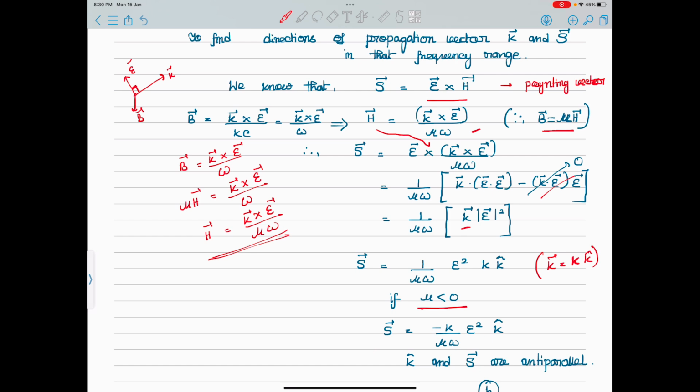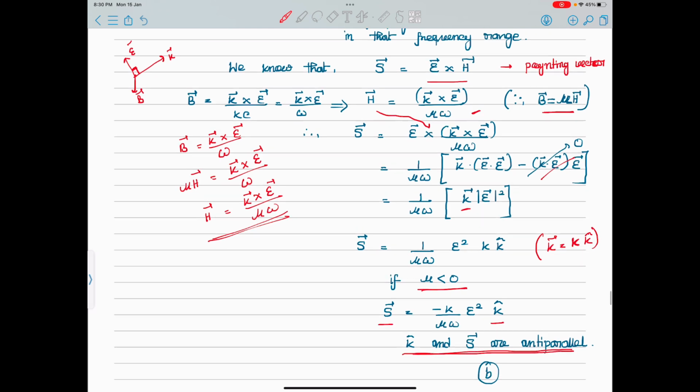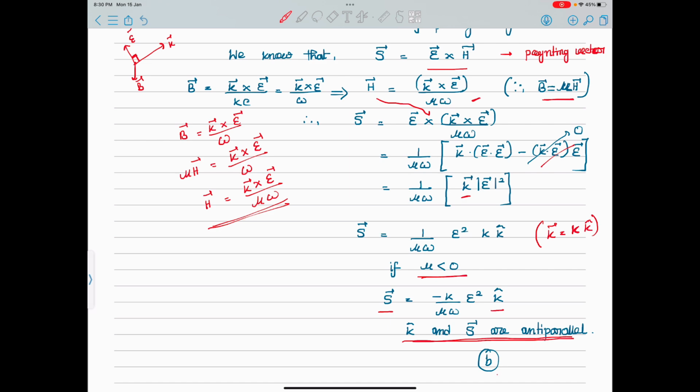What we are seeing is that the Poynting vector and the propagation vector are negatively related, or anti-parallel to each other. This is the key thing we have got when we established a relationship between the Poynting vector and the propagation vector. When mu is less than 0, K cap and S are anti-parallel to each other, in the same direction but in the opposite sense. So B will be the correct option for this particular question.